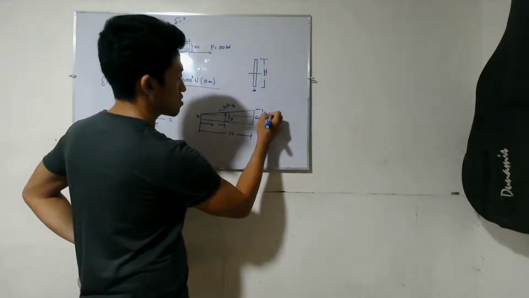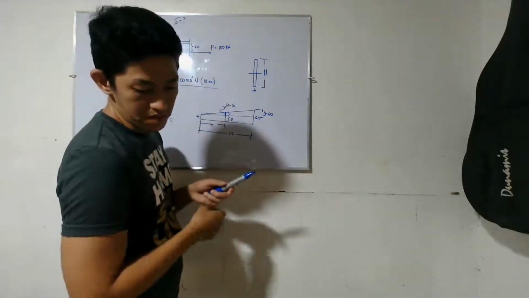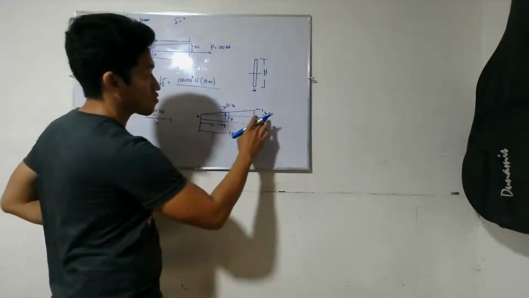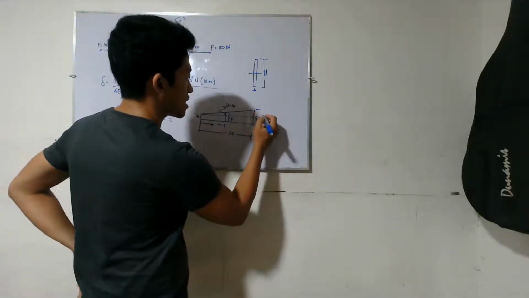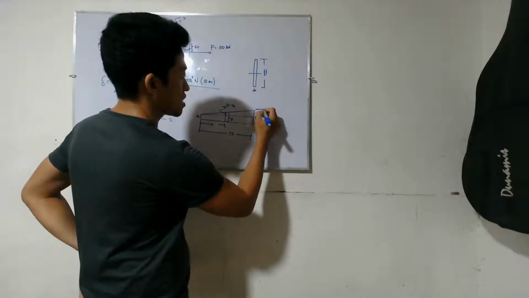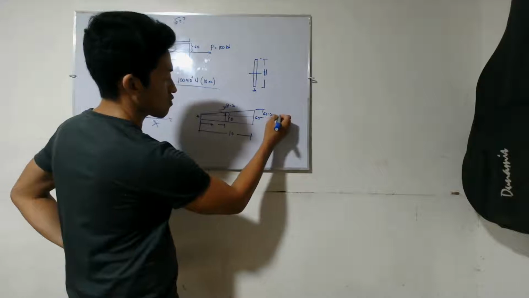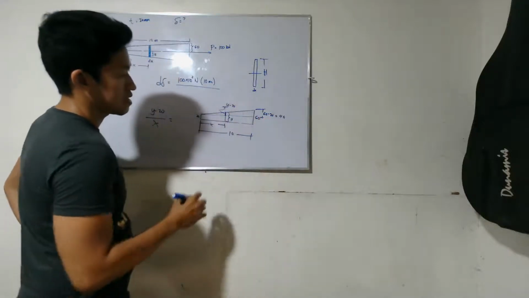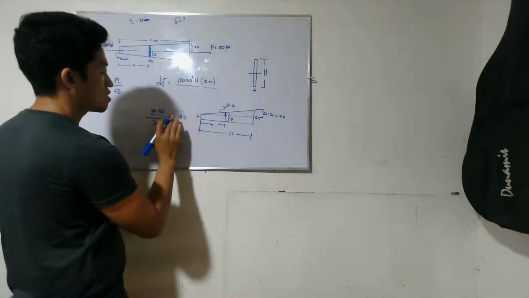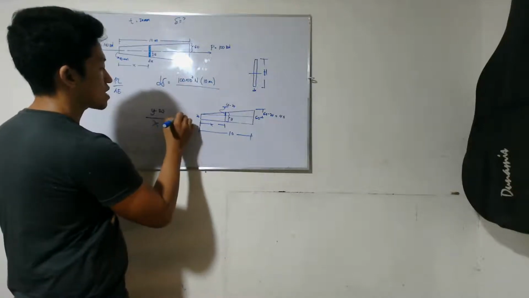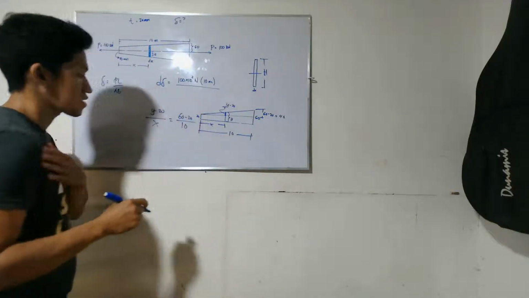This is 60 minus 20, or equal to 40, over the overall length of 10.